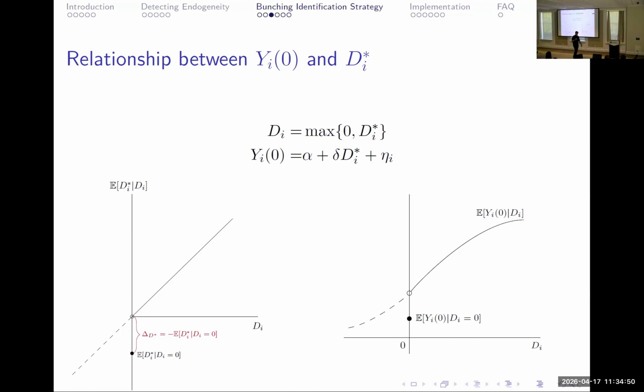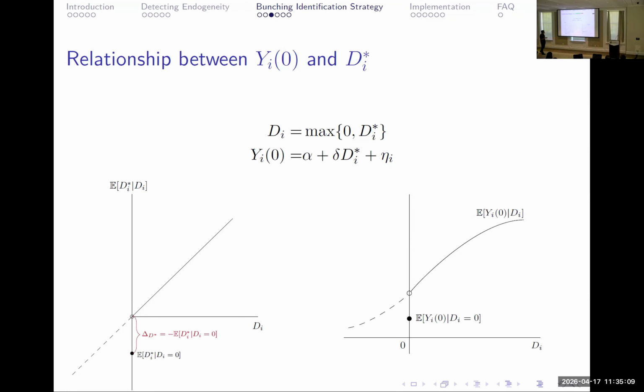I ask you to wait a few minutes for me to explain why it's useful to make a connection between D star and Y0. Why don't I go straight to Y0 and never even talk about D star? I can explain that in a few minutes, okay?